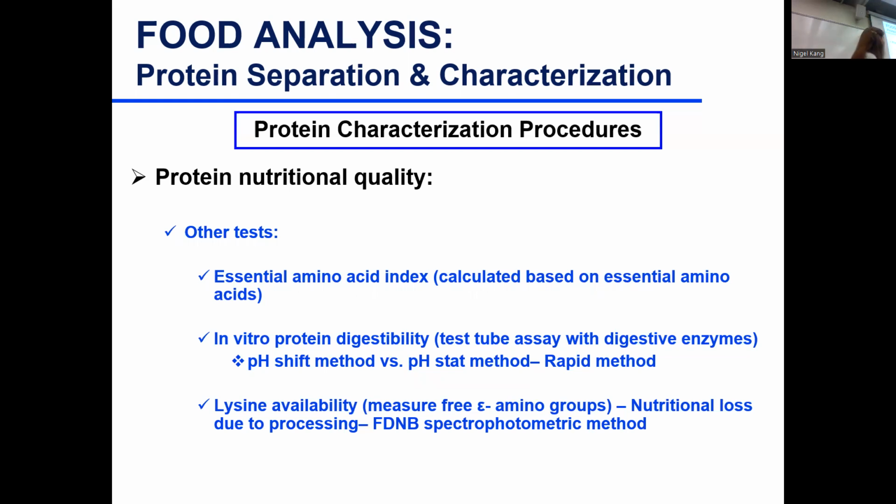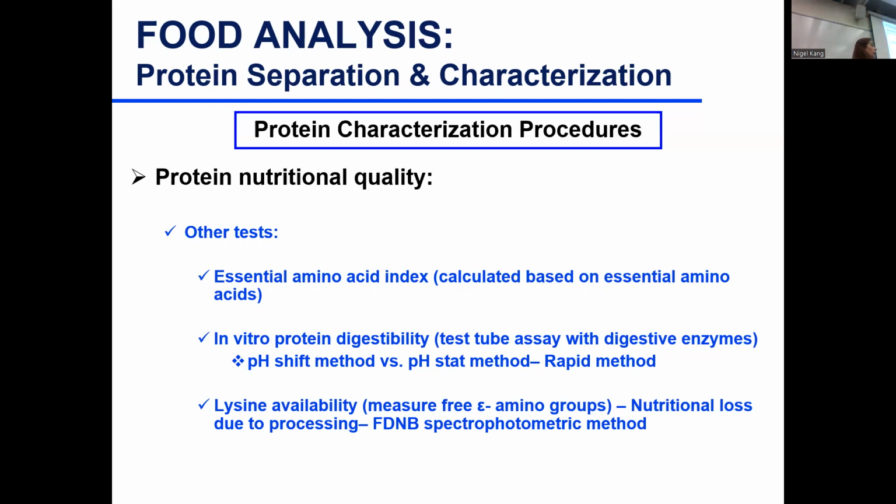Other tests we can use are based on the essential amino acid index, which is based on the essential amino acids. We have 8 essential amino acids. The other method is in vitro protein digestibility. It's again protein digestibility based on corrected amino acid score, but we do it in the lab.